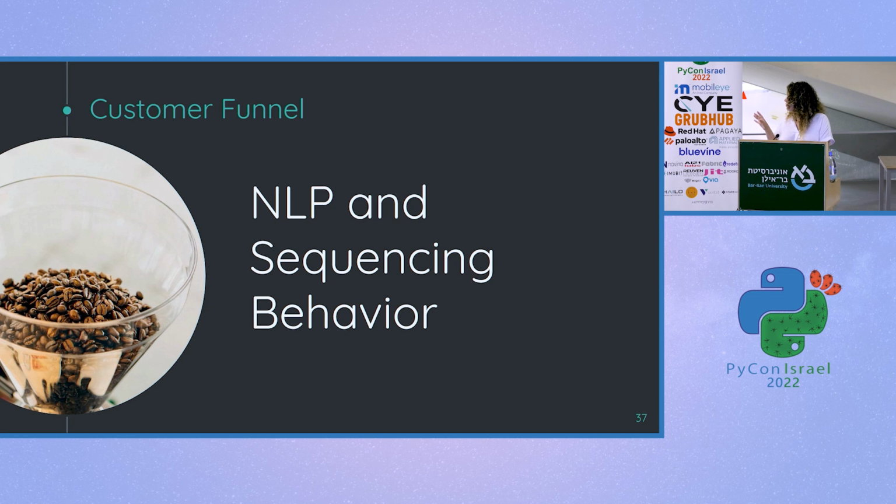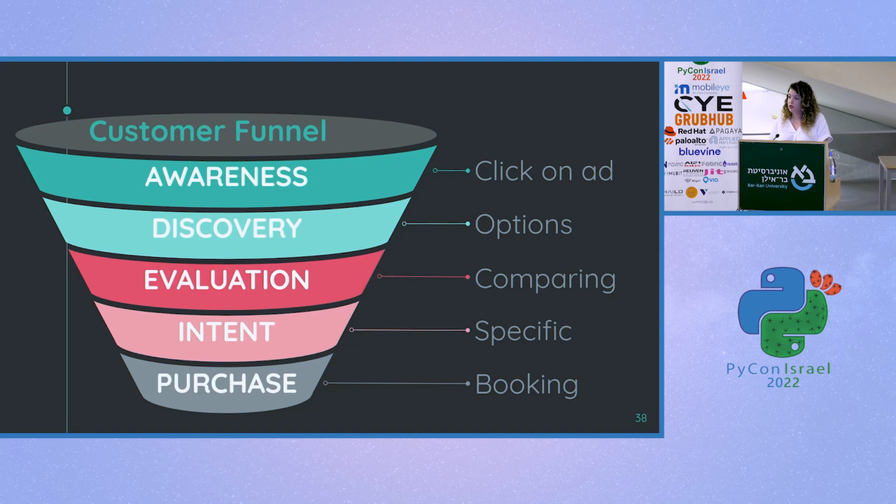So what's the connection with NLP and sequencing the behavior of users? This is the customer funnel. We have awareness, discovery, evaluation, intent, and purchase. Awareness is when somebody clicked on an ad.